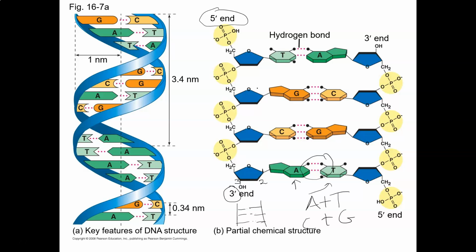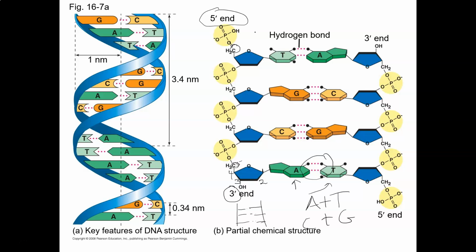Continuing to number, this next corner is the 4 carbon, and then here is the number 5 carbon right here. So if you look at the other end, the number 5 carbon, which has the phosphate group attached to it, there's nothing beyond that. So that's the free end.